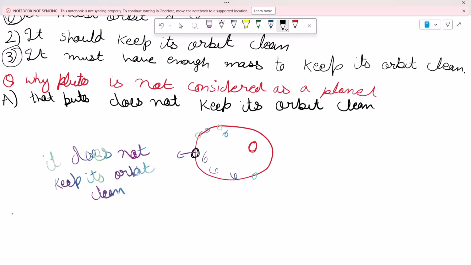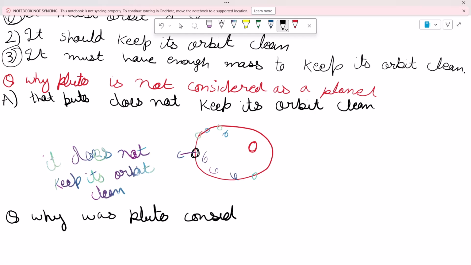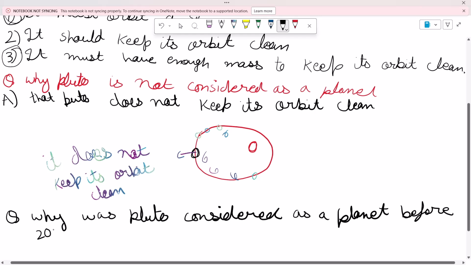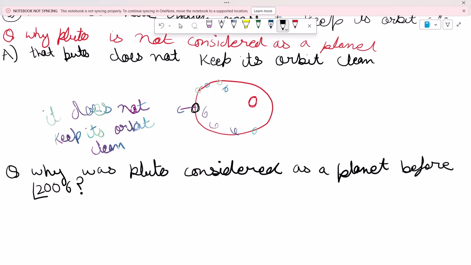A question also arises from here: why was Pluto considered a planet before 2006?